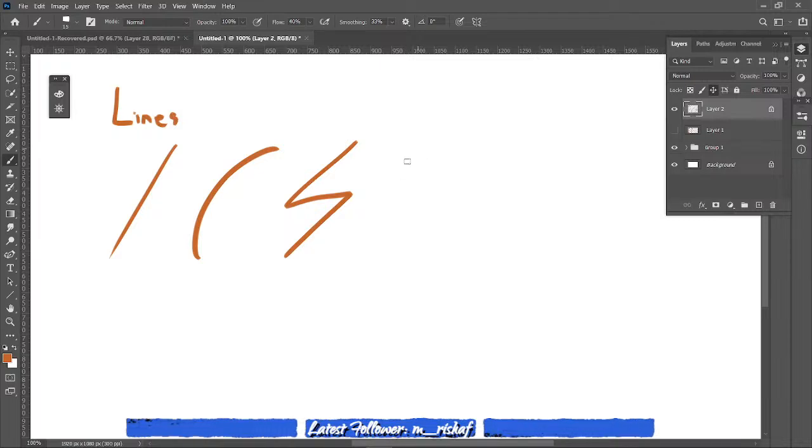After that, we can have curve, zigzag, straight lines, and S-curve lines.